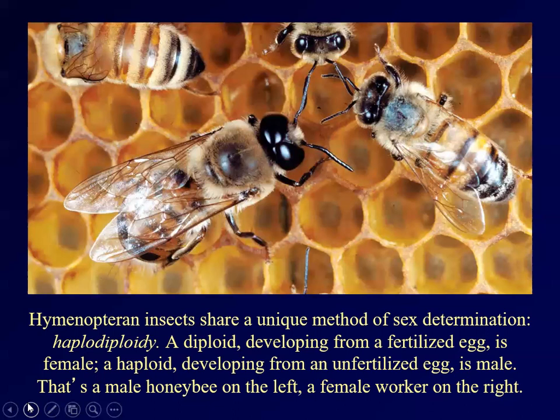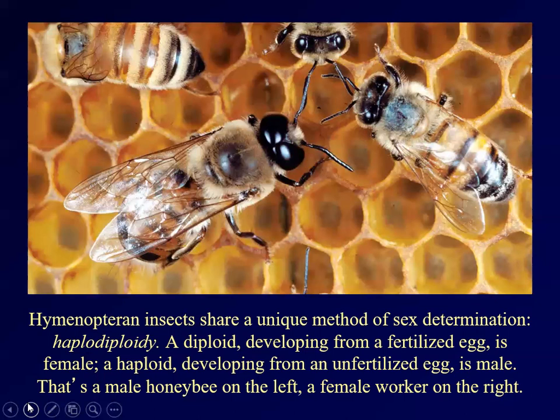So when a honeybee is making eggs inside her body, she can choose whether to fertilize them or not. If she fertilizes them, they'll grow up to be workers. This is a worker right here on the right. If she doesn't fertilize them, they'll grow up to be drones. That's a drone. You can see they've got much, much bigger eyes.